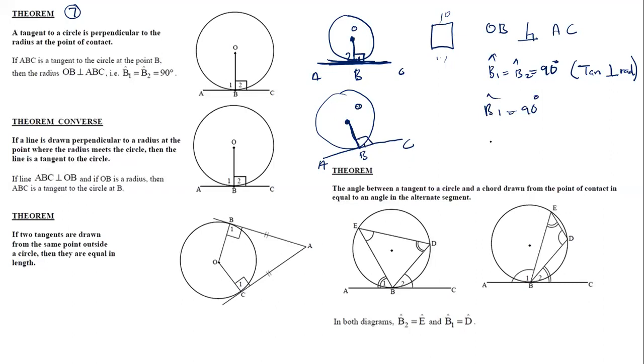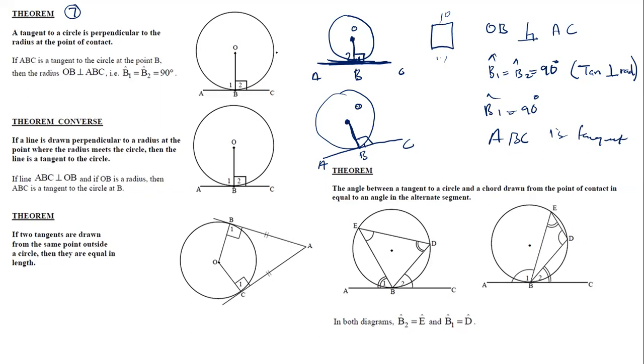That means we can simply say AC, or you can say ABC, it does not matter, you can even say AB. ABC is a tangent because you use the converse theorem of tangent.